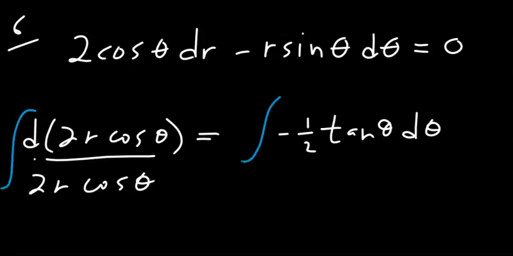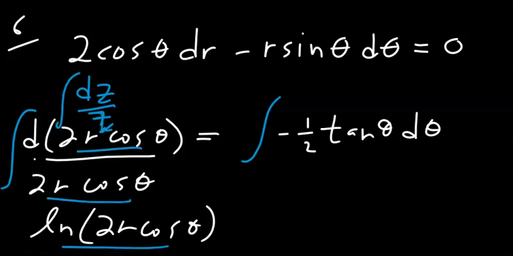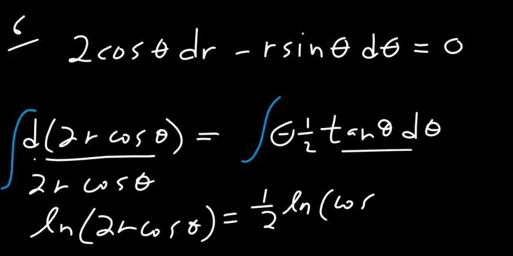The left-hand side will give you just natural log of 2r cosine theta, because it's as if we are integrating 1 over z with respect to z, like that. This is your z, and you get natural log of z, or in our case, natural log of 2r cosine theta. The integration of negative tangent theta with respect to theta, it is just natural log of cosine theta, plus an integration constant, let's call it natural log of a.